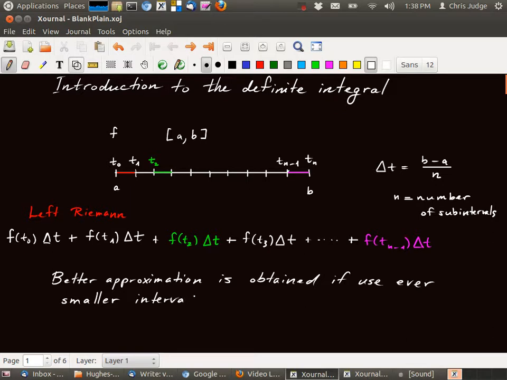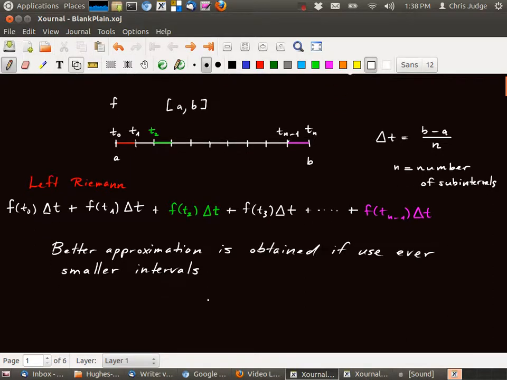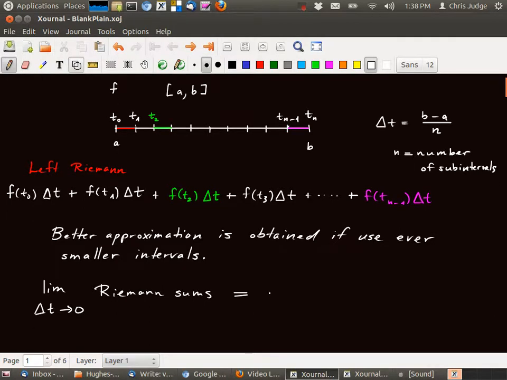This is sort of a limit. So if we take the limit as delta t goes to 0, or in other words, if the number of intervals gets very large, then delta t goes to 0, of the Riemann sums, either left or right, this will actually equal the desired actual value that we're trying to estimate.